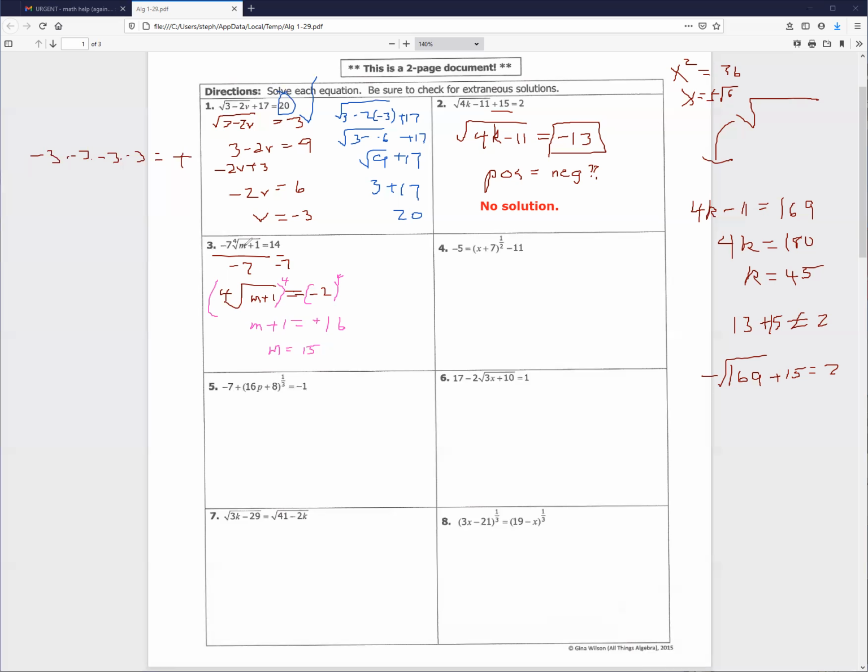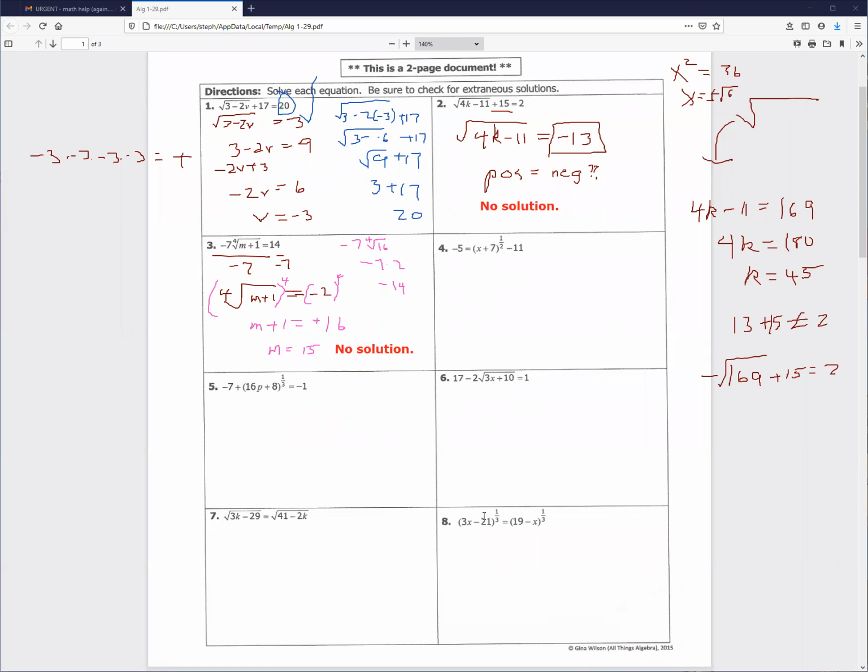But coming into here to the original, 15 plus 1 is 16, negative 7, 4th root of 16 is negative 7 times 2, which is negative 14, which is exactly opposite what we need. So as you should have been able to guess from seeing even root equals a negative number, the answer to this one is, again, no solution.